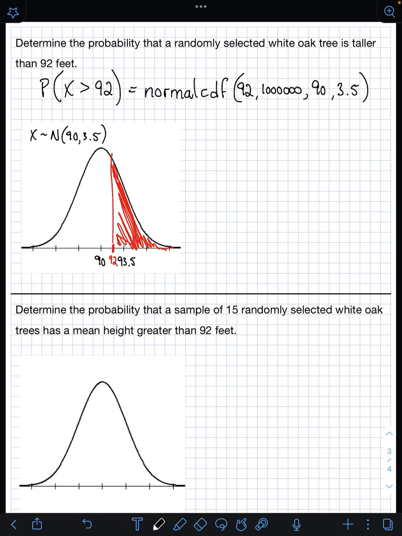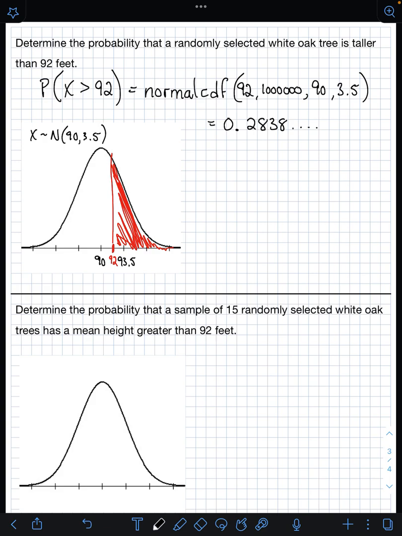A mean of 90 and a standard deviation of 3.5 gives us a probability of 0.2838, etc. So, again, not incredibly unusual. A 28% chance that a randomly selected tree is going to be taller than 92 feet. Okay, so nothing new there.